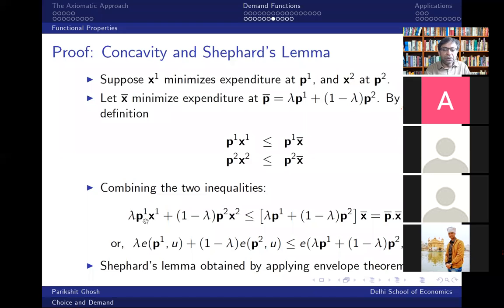So that is precisely the minimized value of expenditure. That is the value that the expenditure function will take, right? For price vector P1, if you put in some other non-optimal vector, then you won't get the value of the expenditure function. It will get something bigger, right? Okay, sir.